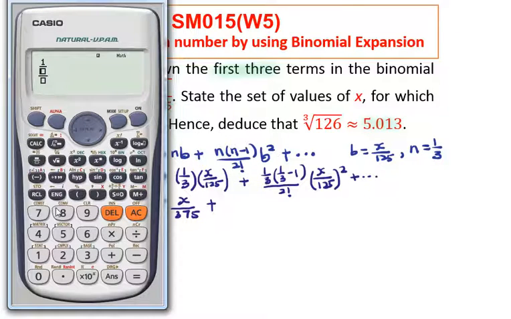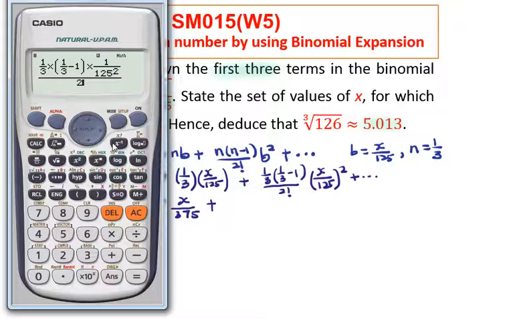Insert 1/3 times 1/3 minus 1, times 1 over 125 squared, so 1 over 125 squared, and then over 2 factorial.